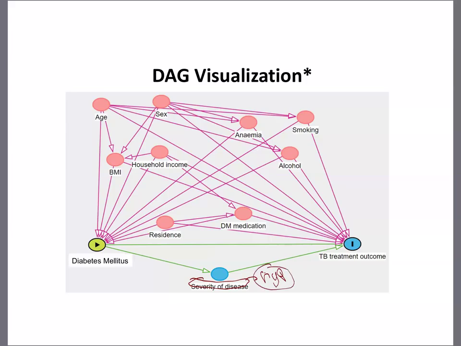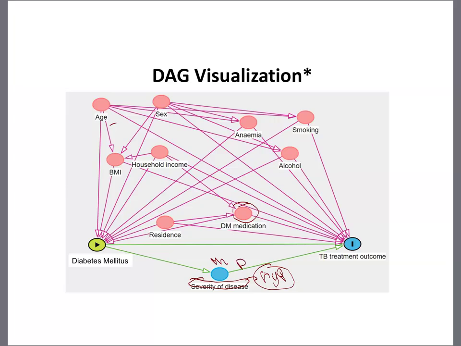So all of the others we could find out as a potential confounder, but diabetes mellitus could lead to, say, some medication. If I have taken the medication here, I could consider it as a mediator, or diabetes mellitus leading to some change which could affect TB treatment outcome, say drug interaction or something like that.